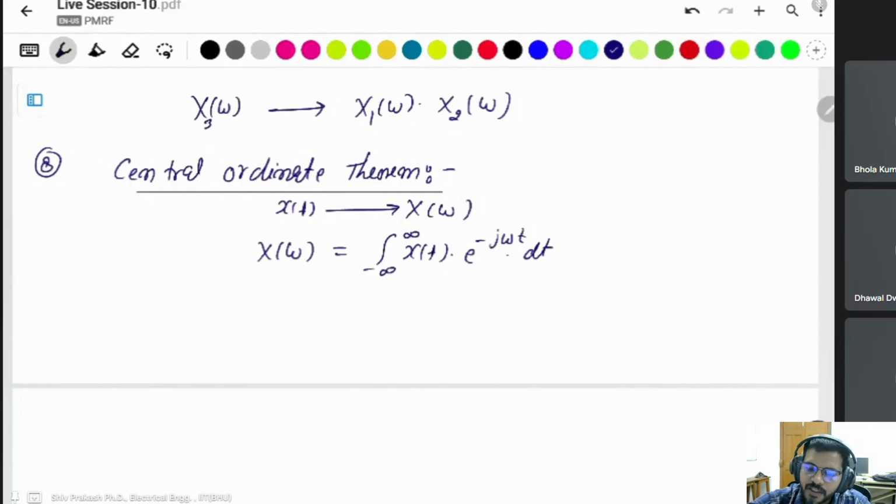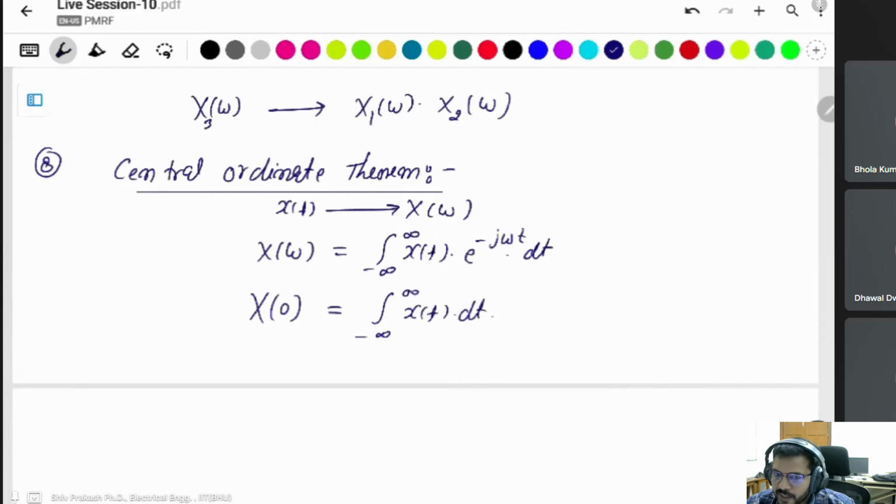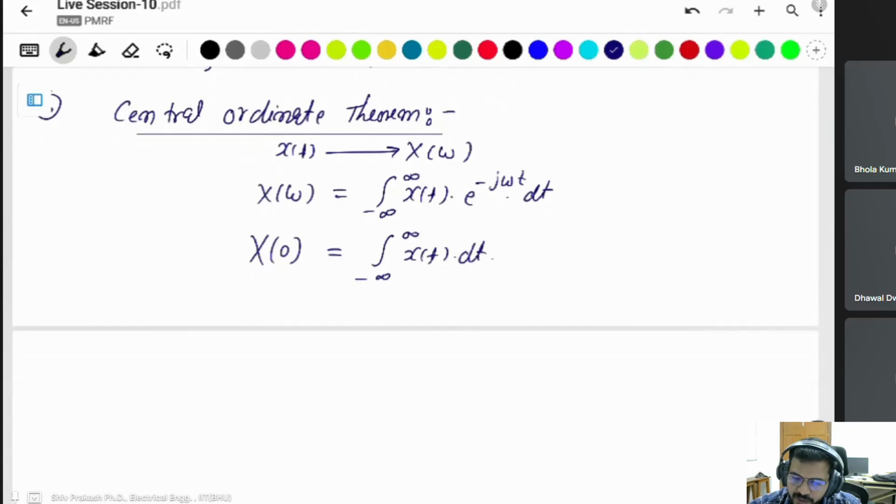Suppose the question asks about the value of the Fourier transform at omega equal to 0, simply at the origin, then simply place omega equal to 0, then it will be the integral from minus infinity to infinity of x t dt. It means the area of that function from minus infinity to plus infinity is the value of this.